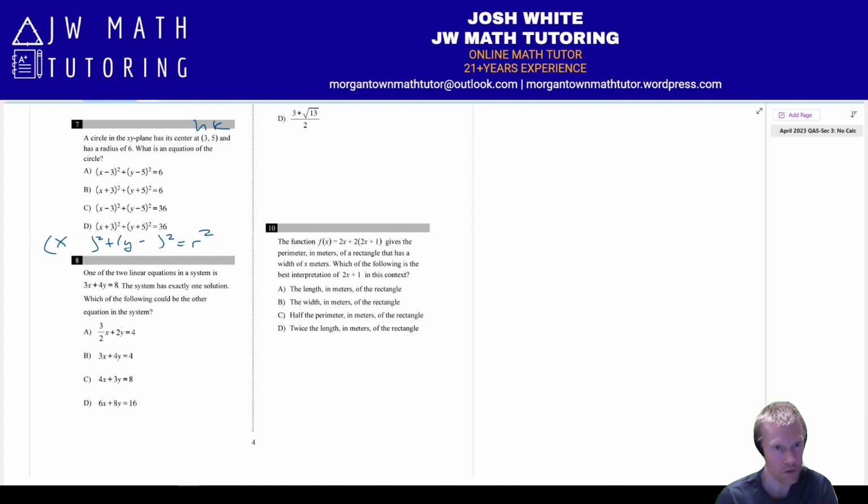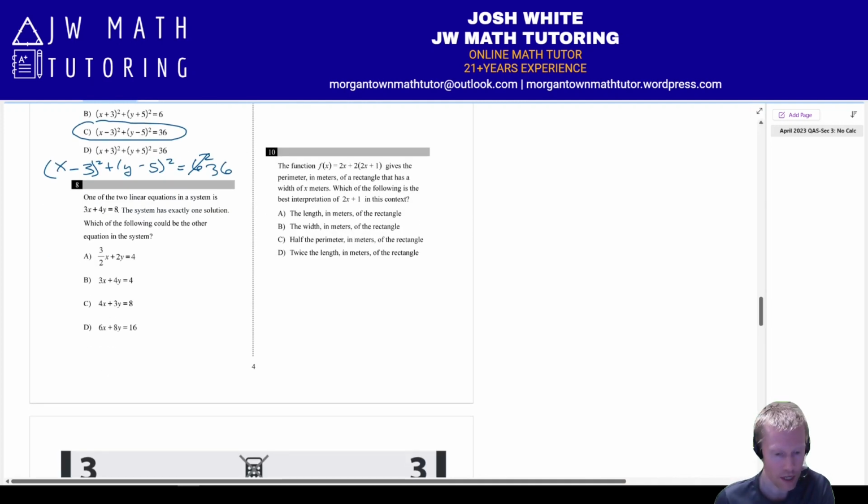So just replace h with 3 and k with 5. And r is 6. So that means on the right we technically have 6 squared. Of course, we would simplify that out to 36. So now when we look at what the equation looks like, we can see that it's going to be answer choice C right here. X minus 3 quantity squared plus y minus 5 quantity squared equals 36.